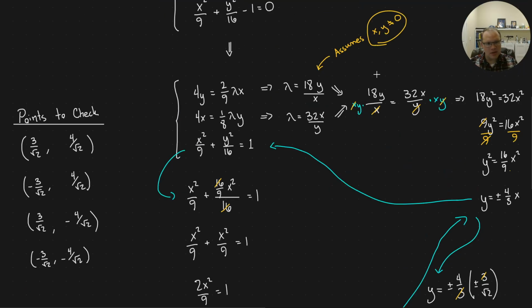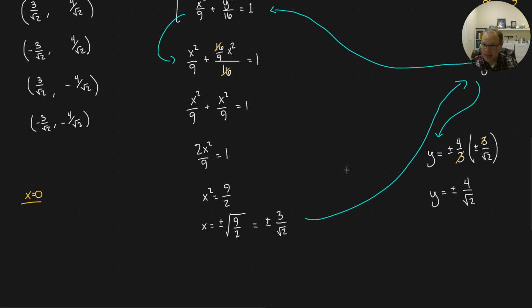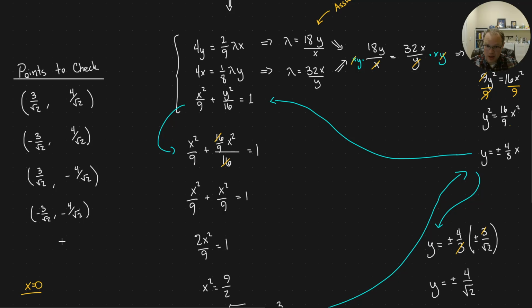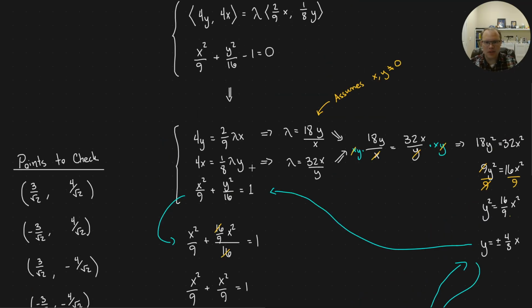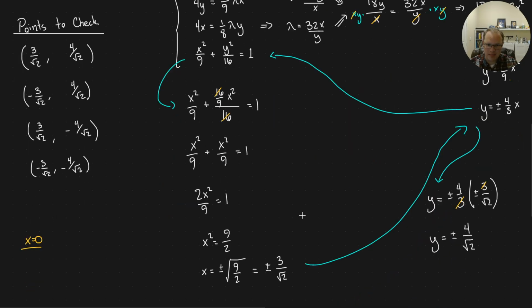Here we considered the case where x and y are both not 0, right? So if only one of them is 0, then that's a separate case. Right now I'm assuming x is 0. I'm not thinking about what y is. So let's look at the x equals 0 case, and I'm going to grab this equation: 4y equals 2/9 lambda x.